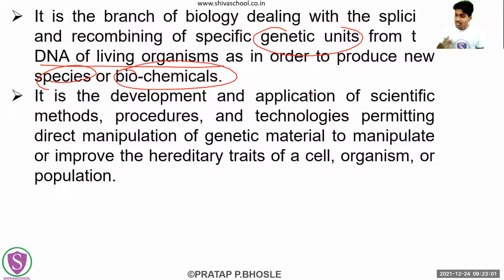So you can create a newer species, for the existence of that species to be important. If you want that species to live on, to survive in a particular climate, or to fight a particular pest, then you can make that happen by manipulating the genes. You might have heard about BT cotton.